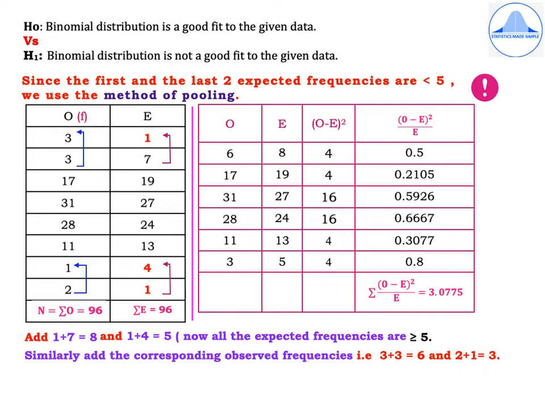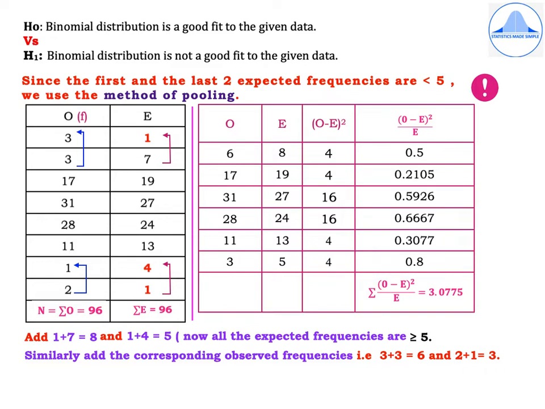Now you'll observe that the first and the last two expected frequencies are less than 5 and we have to make use of the method of pooling. Expected frequencies which are less than 5 are highlighted in red color. Now whichever expected frequency is less than 5, it has to be pooled either with the succeeding or the preceding frequency to make it a value equal to 5 or a value which is greater than 5.